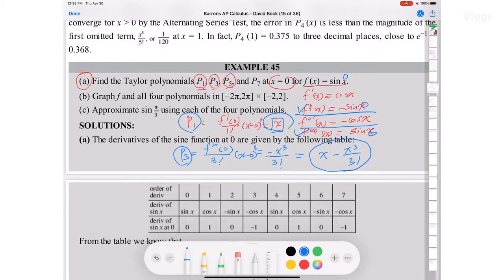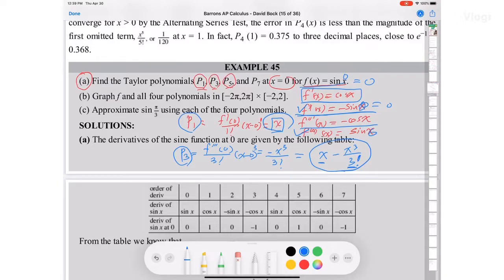The first term and the second term are 0: f of 0 is 0, and the second derivative of 0 is 0. That part is zero, so you don't have to do that. Then f prime of 0 is 1, so that was x, P1 is x, and then P3 is this: x minus x cubed over 3 factorial. That's the factorial, not 31.